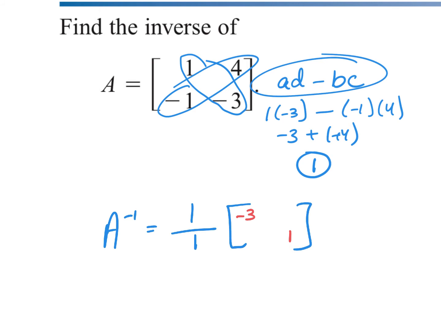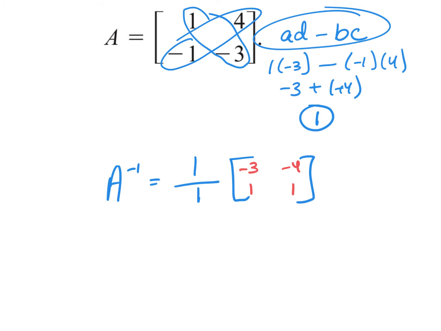They switch signs. This becomes 1, this becomes negative 4. What is the value of 1 over 1? 1. So I would do what with this 1? Distribute it. Does it do anything? No. So the inverse here is negative 3, negative 4, 1, 1.